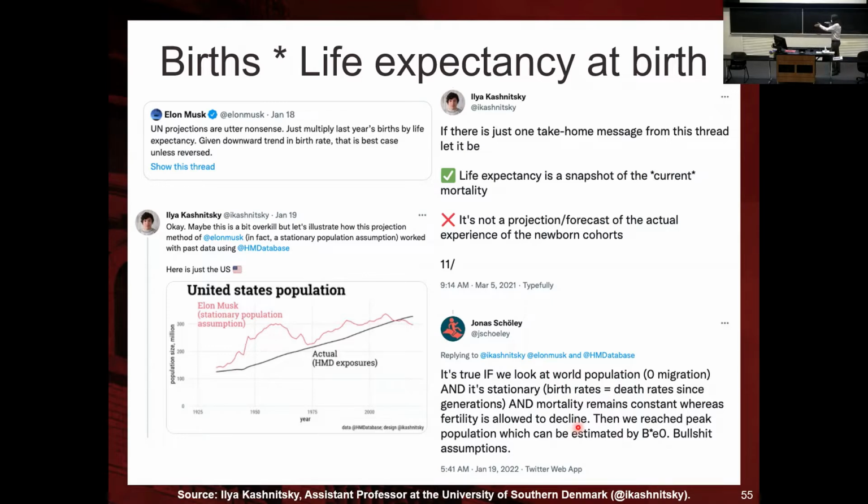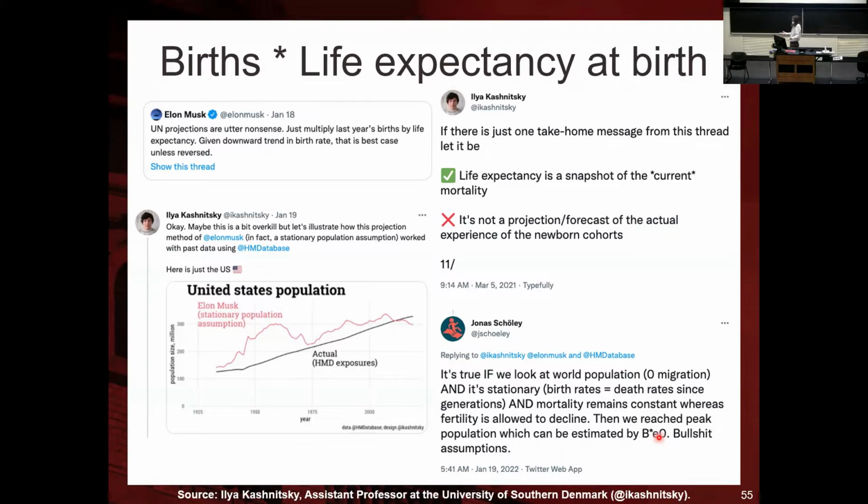Mortality remains constant because we are taking life expectancy at birth. Fertility is allowed to decline because that's what he mentioned here in his tweet. Then we reach the peak population, which can be estimated by the number of births times the life expectancy at birth. But of course, these assumptions are not strong.